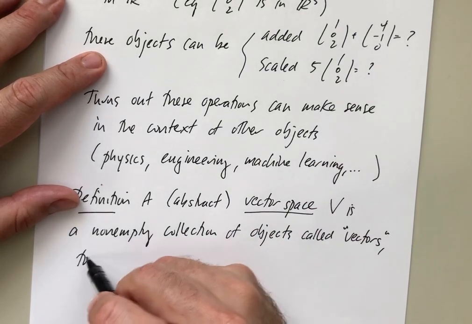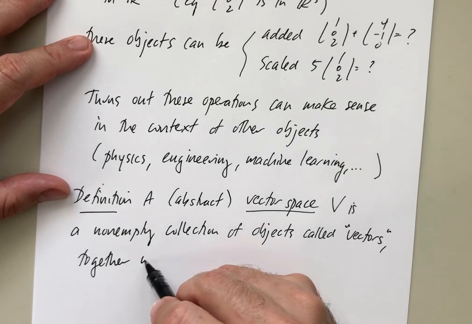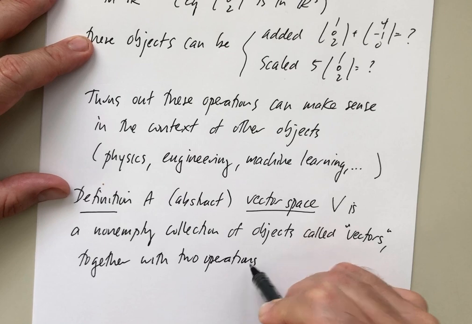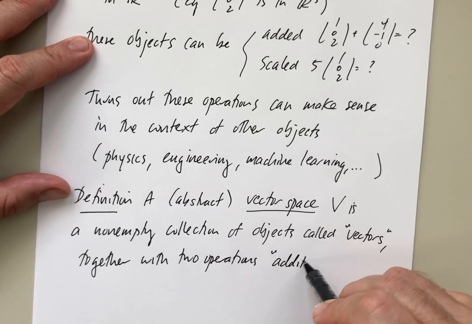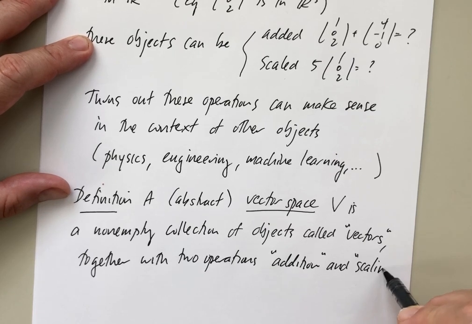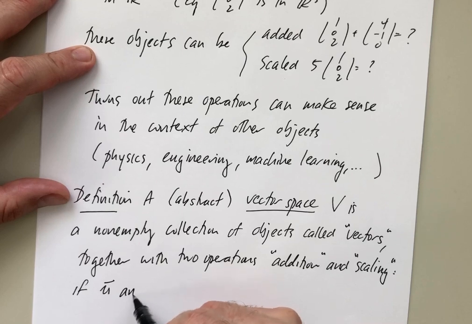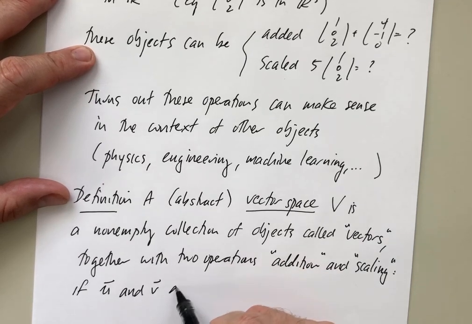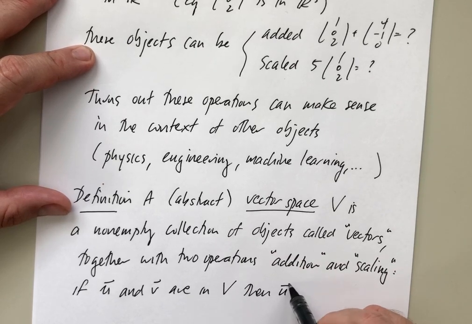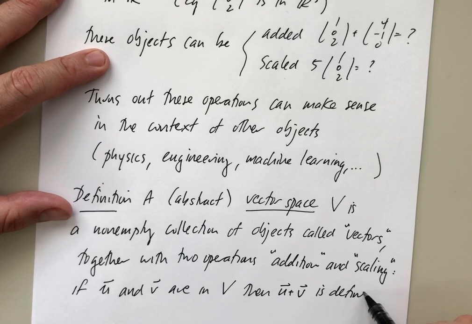But then you give me the things, and then you also tell me how to add and scale. So together with two operations, let's call them addition and scaling. So in other words, if u and v are in this vector space V, then u plus v is defined somehow.